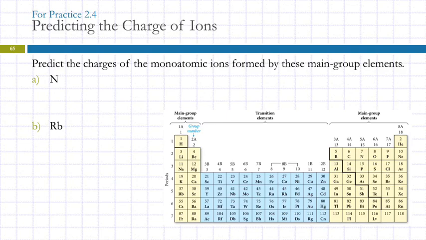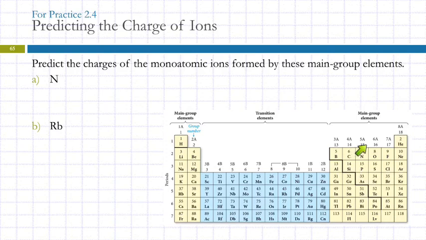So predict the charges of the monatomic ions formed by these main group elements. So monatomic just means there's one atom becoming an ion. So nitrogen, what would the charge on a nitrogen ion be? -3. So we find it on the periodic table. We see it's to the right of the stair-step line. It's a nonmetal.